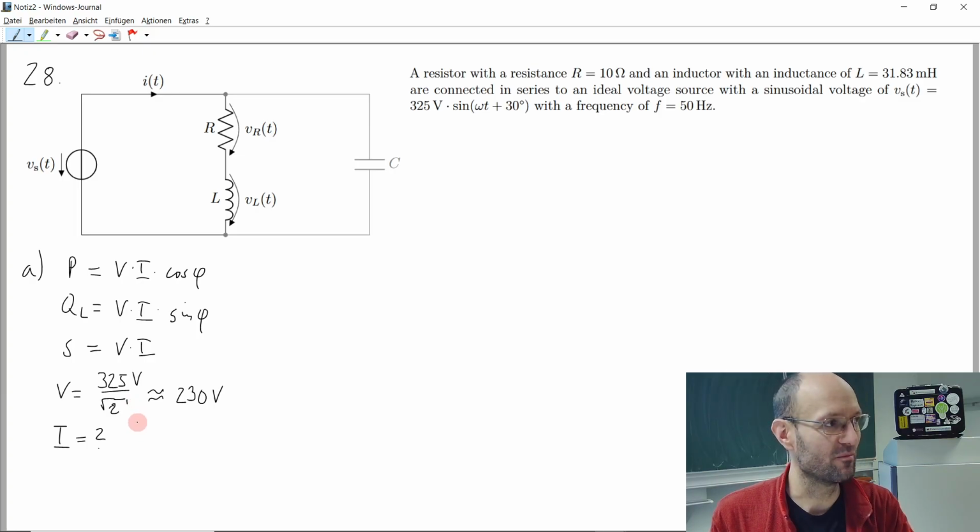Where does it come from? Yeah, that's a pretty good question. If we would really take the derivation, it would probably take too long to answer. But this is for sinusoidal currents and voltages, for harmonic signals, this is the factor between the amplitude and the RMS value.